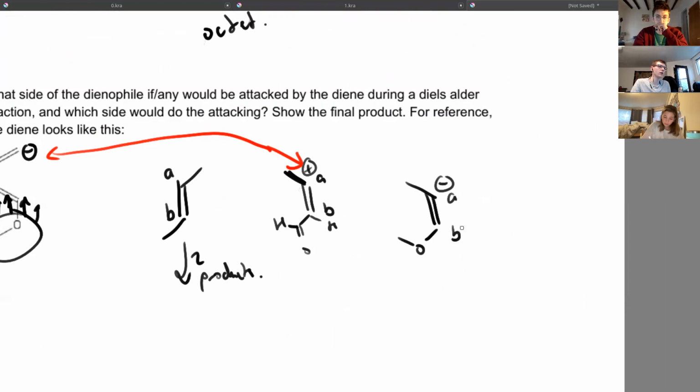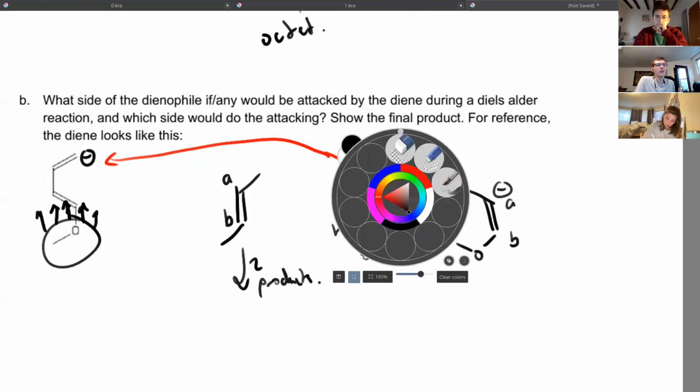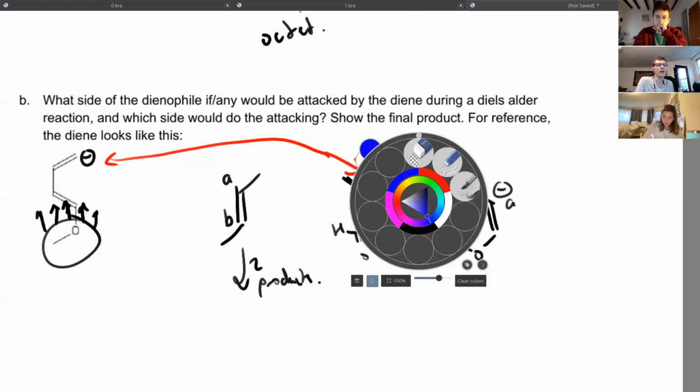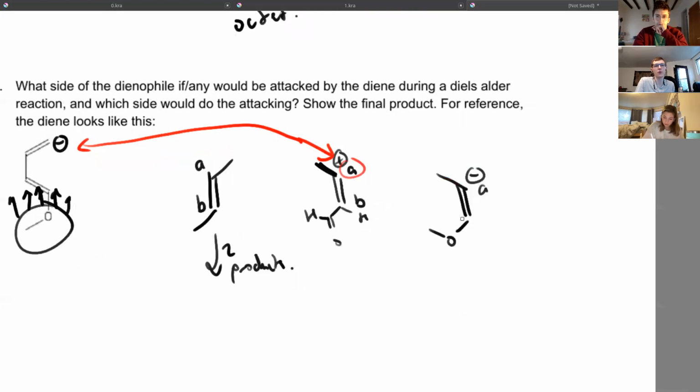Is this diene going to attack on carbon A or B? B. It might attack on B, but are you talking about the third one here or the second one? The third one, this one here.